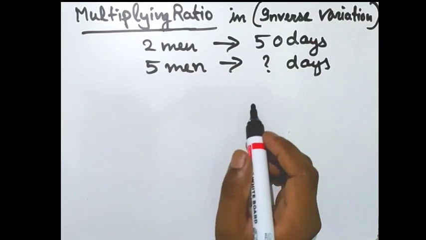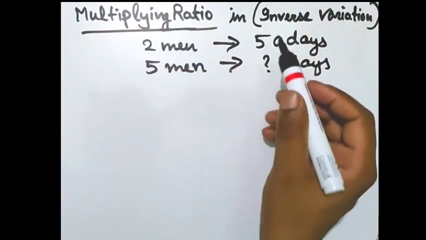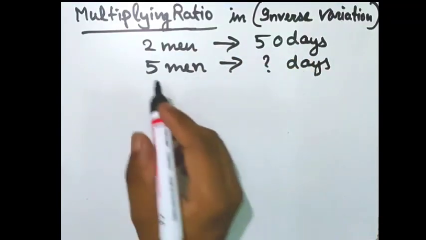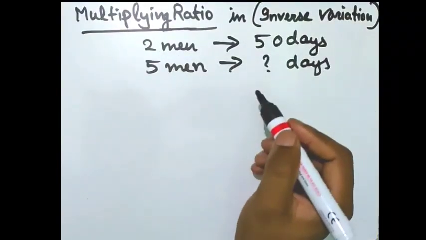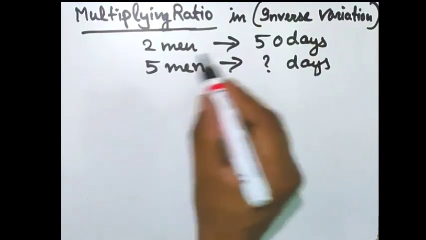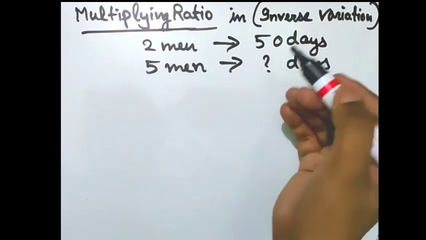Now you have to identify what kind of variation it is. Here I have already given that this is inverse variation, but let's try to identify it. 2 men can do a work in 50 days. If I bring more men, will they take more days or fewer days? Fewer days, right?